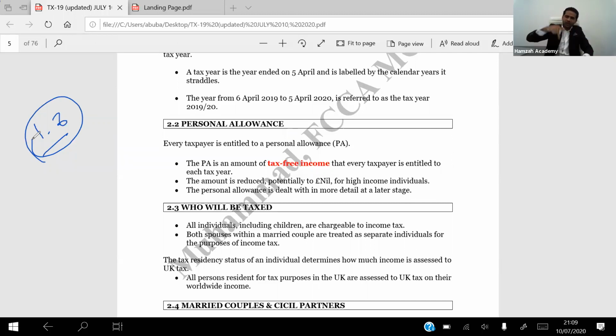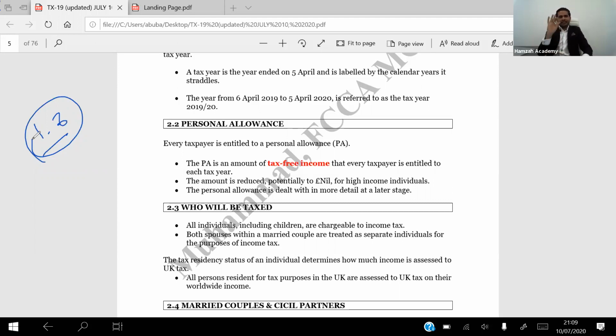Imagine you have just completed an income tax question and then there is a question on capital gains tax. You think it will be feasible to go back again and again? No, it will be a waste of time. It will be a positive point that if, God forbid, you forget something, you can refer to the question book, but ideally you should never consider that you will be referring to it. Okay, so now personal allowance.